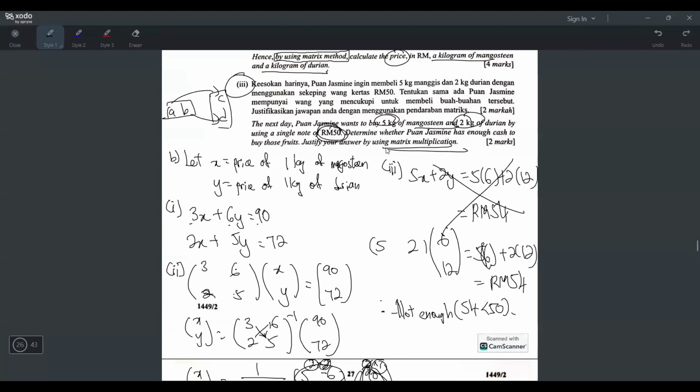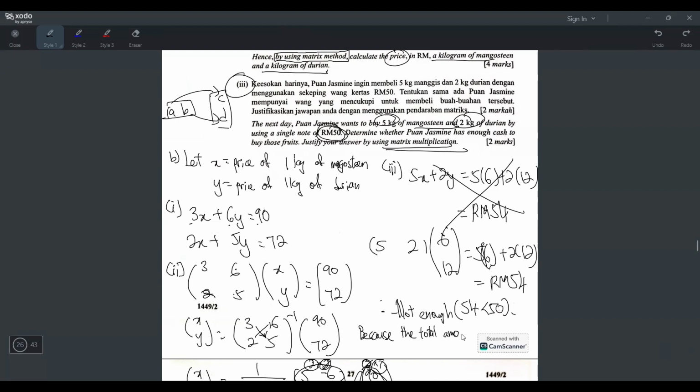Okay, they say justify your answer. So how to justify? I mean, I already justify using matrix multiplication, right? Okay, let's just write one more baris for them lah. So because the total price, okay, total amount lah.